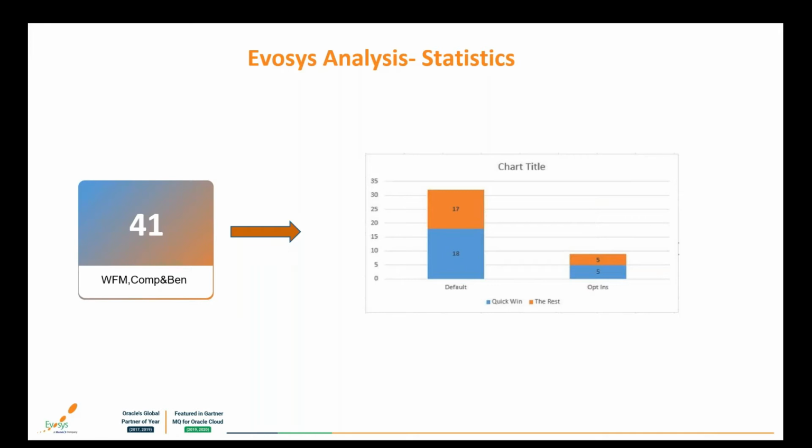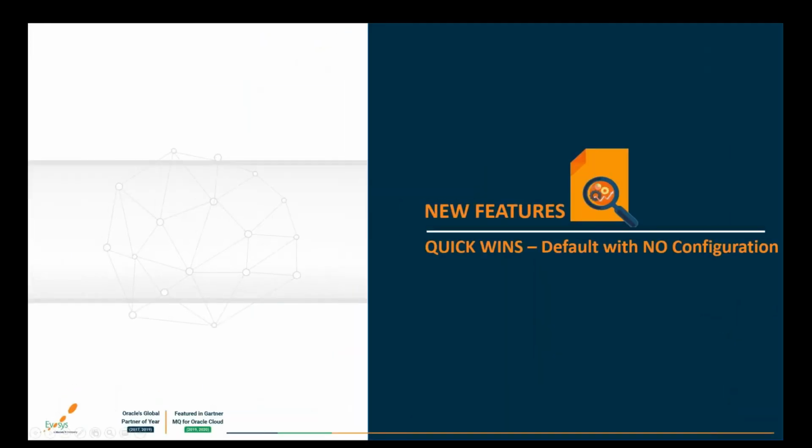The others are grouped as the rest of the features, which does not necessarily mean that they're not beneficial, but the focus on this webinar would be to elaborate on the ones that require less consumption of time for configuration and also makes an impact in terms of efficiency. So starting with the quick wins that are defaulted with no configuration.